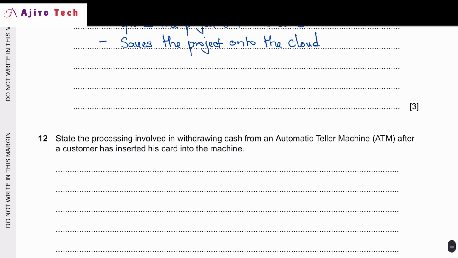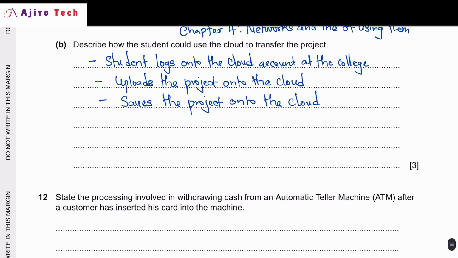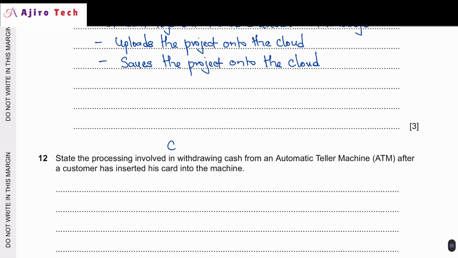State the process involved in withdrawing cash from the automatic teller machine after the customer has inserted a card into the machine. So this is chapter 6, ICT applications.